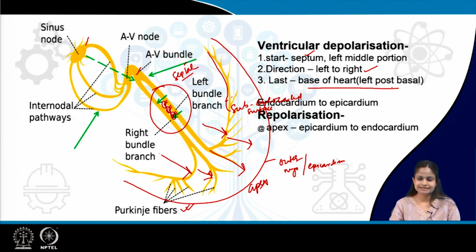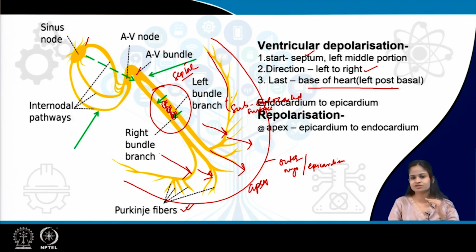The opposite occurs in the case of repolarization. Remember, the last site to get depolarized is the first site to get repolarized. Why is it so? Because whenever there is depolarization, muscle contraction will occur. Whenever the ventricles contract to the maximum, the inner blood vessels will get constricted, there will be restriction to the flow of blood, but the outer myocardial blood vessels will remain unaffected.